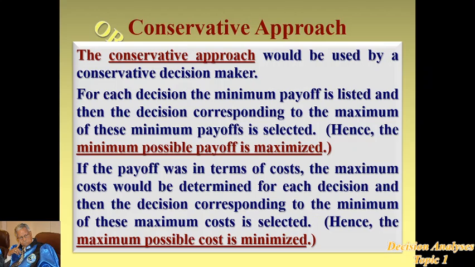If the payoff was in terms of cost, the maximum cost would be determined for each decision, and then the decision corresponding to the minimum of this maximum cost is selected. So our criterion is minimize the maximum cost. For cost, minimize maximum cost. For profit, maximize minimum profit, because he is conservative.